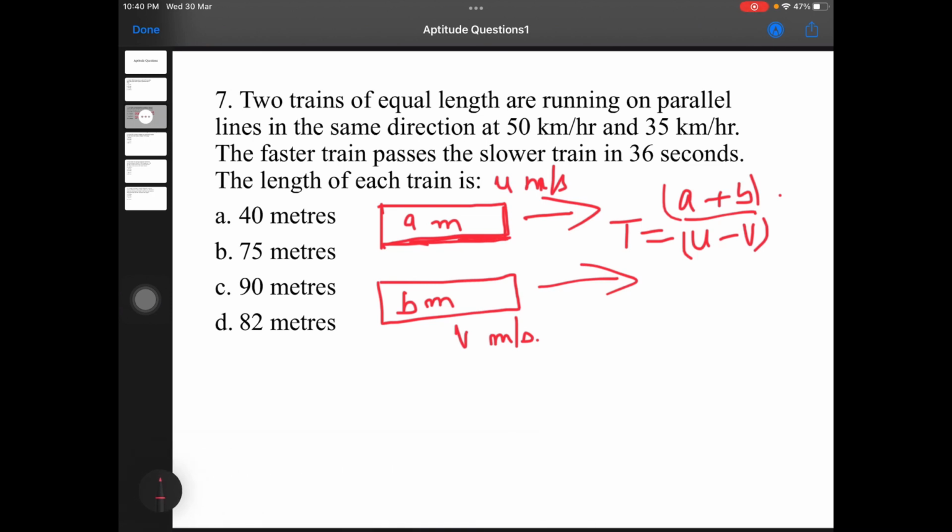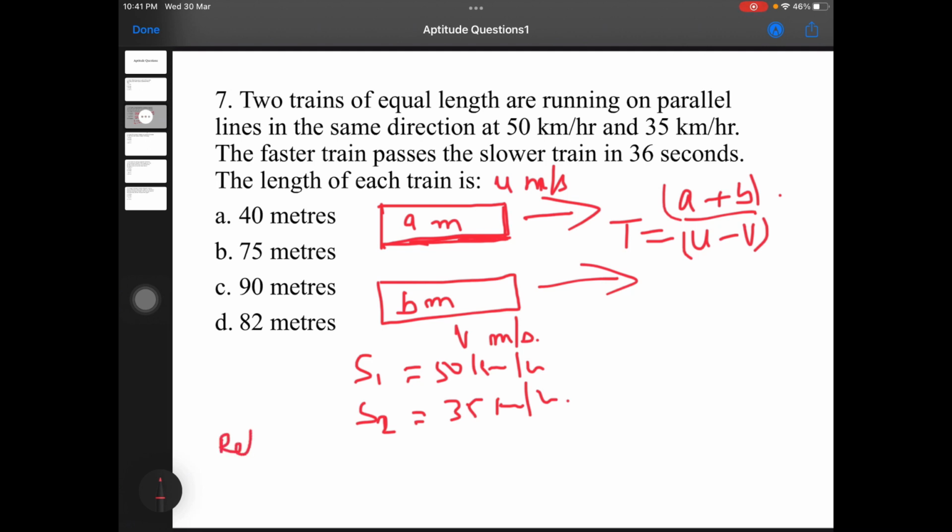So here the data is given. The speed of the first train is given as 50 km per hour, whereas the speed of the second train is given as 35 km per hour. We can convert the speed of each train into meters per second, or we can find directly the relative speed of the trains and then convert it into meters per second.